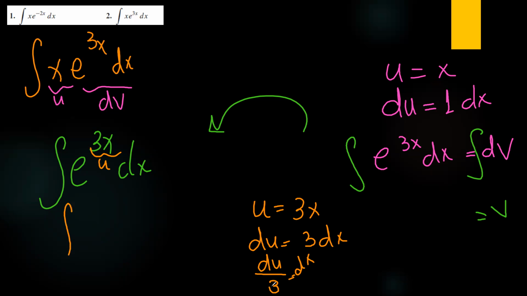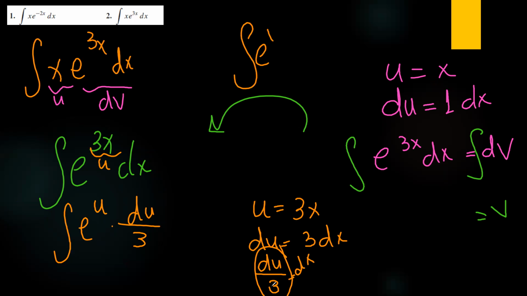Now here, e to the power u times dx. We say that dx is du over 3. So now we have e to the power u times du over 3. And we know before that the integration of e to the power u is e to the power u plus c.